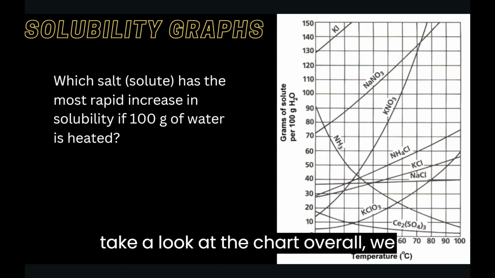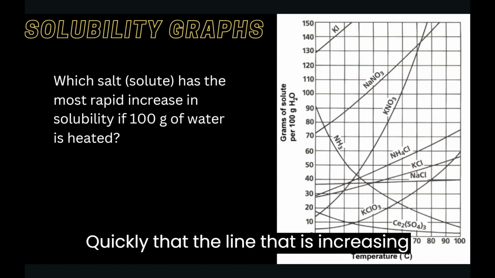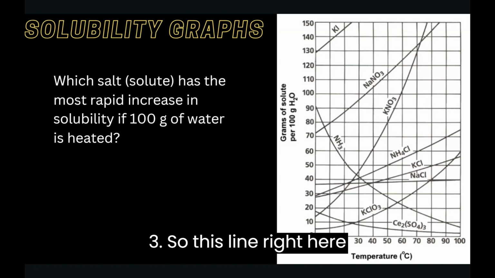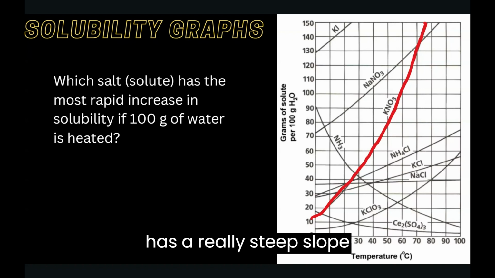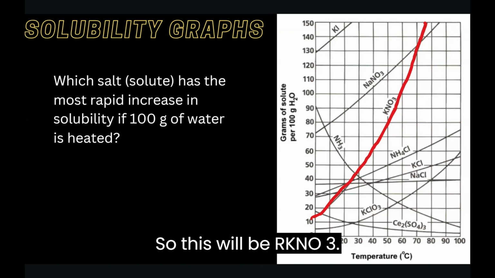If we take a look at the chart overall, we should notice pretty quickly that the line that is increasing the fastest is going to be our KNO3. So this line right here has a really steep slope to it. So it is going to be the most rapid increase in our solubility. So this will be our KNO3.